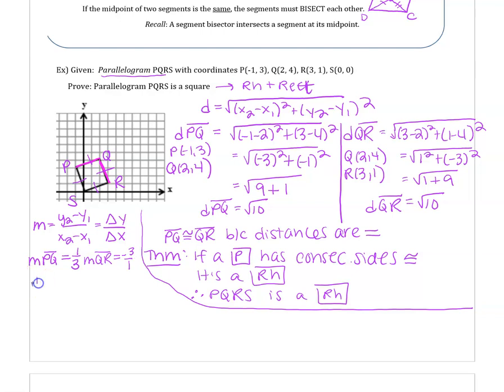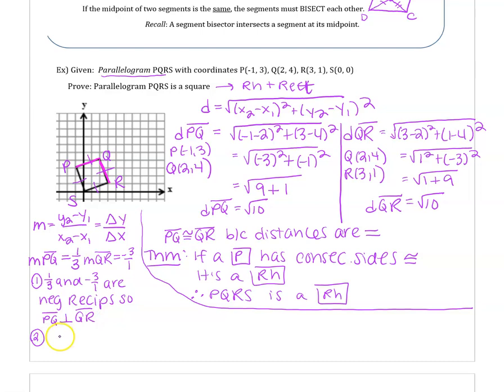So here's the first thing that I say. 1/3 and negative 3 over 1 are negative reciprocals. So PQ is perpendicular to QR.